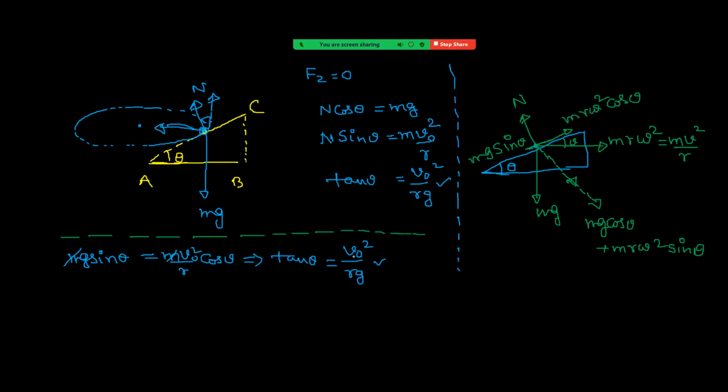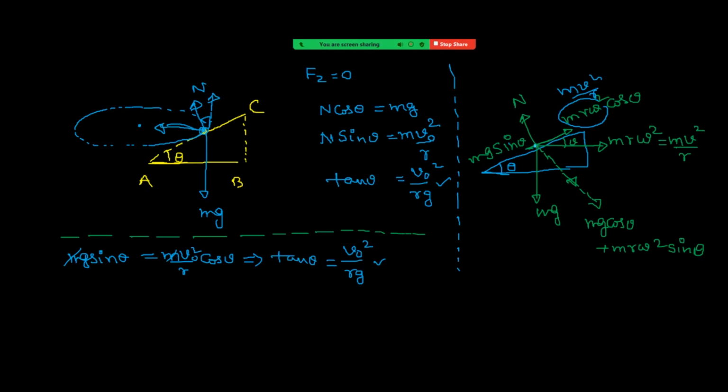Suppose now the speed is more than v naught. Then what happens is mv square by r cos theta will be more than mg sin theta. Here mg sin theta is a constant. When the speed is more, mv square by r cos theta will be greater than mg sin theta.